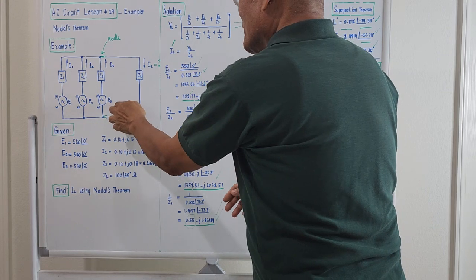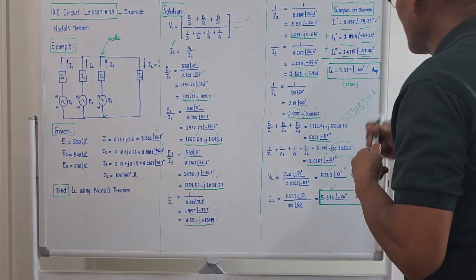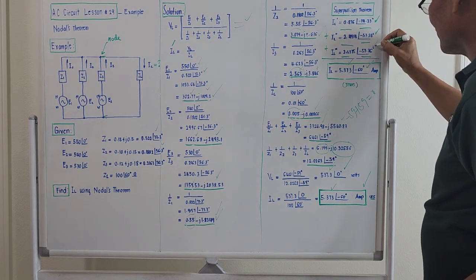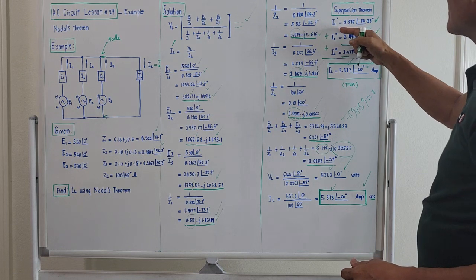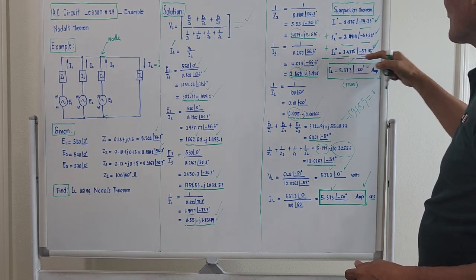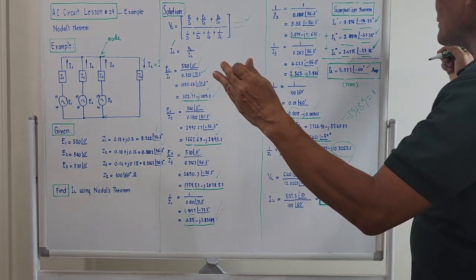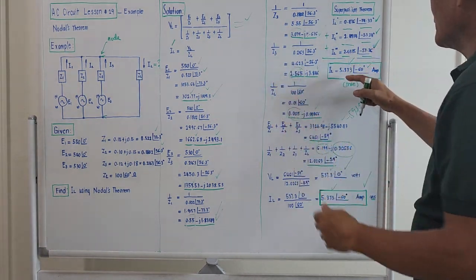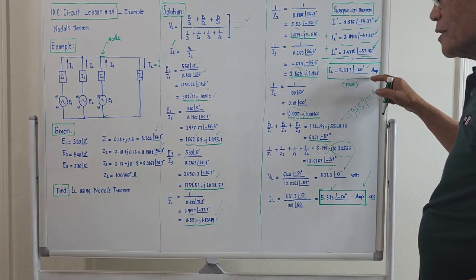Then compute E3, compute again the current due to E3. Actually, what comes out are these. Then try to take the summation. Of course, you convert this to rectangular, then take all the real parts, take all the imaginary parts, then change it to polar form. The magnitude is 5.373 angle negative 60 degree amperes.